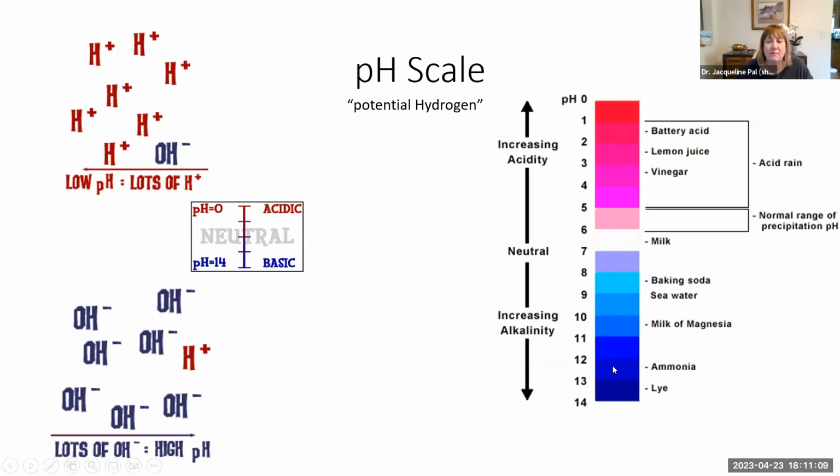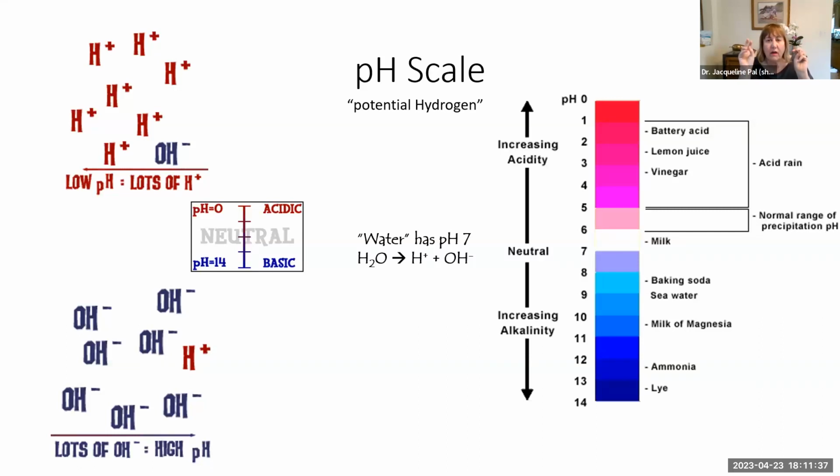Those items that are alkaline or basic have really high hydroxyl concentrations and really low hydrogen ion concentrations. So baking soda, milk of magnesia you buy over the counter, the ammonia you use for cleaning, or lye.